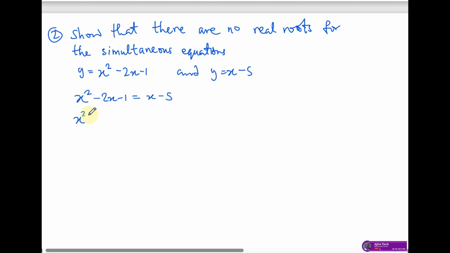So x squared minus 2x, bring this across, negative x. The minus 1, bring 5 across, positive 5, equal to 0. You have x squared minus 3x plus 4 equal to 0.